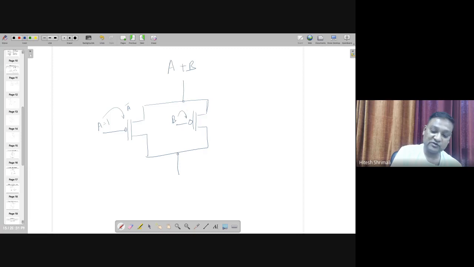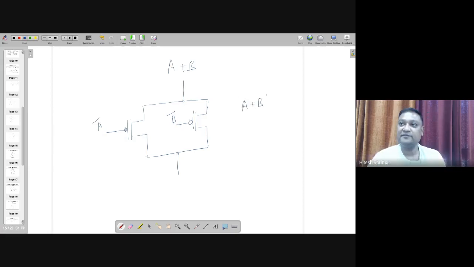And similarly, this one is B bar. So this function becomes like A bar or B bar. But I am interested in making A and B. Then I just need to make a small correction that inputs are A bar and B bar. And because of that, this becomes A or B.